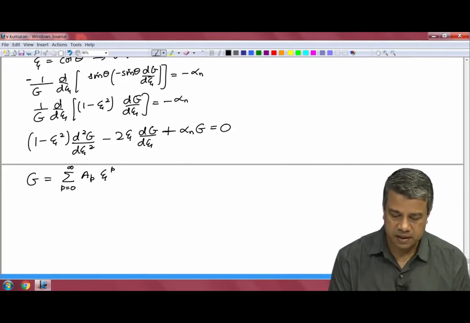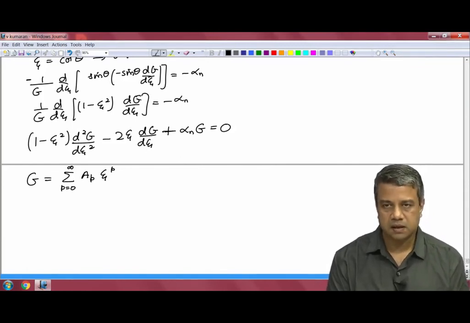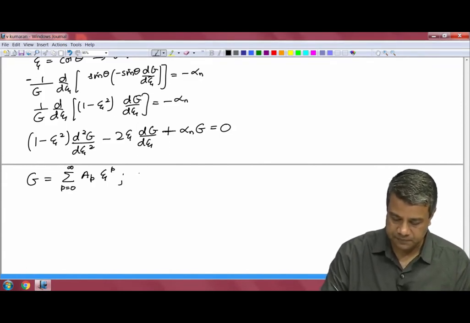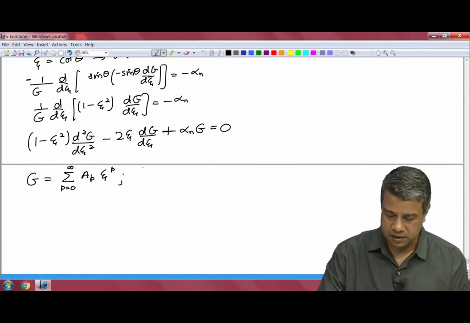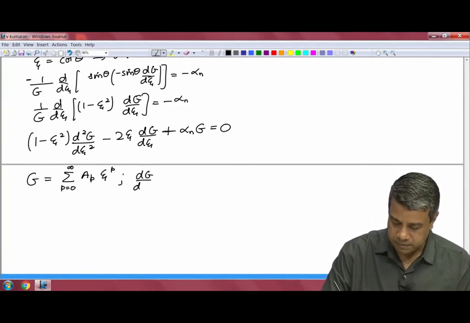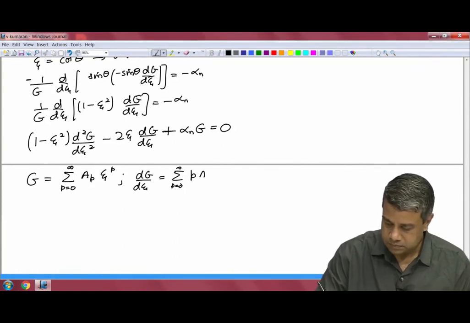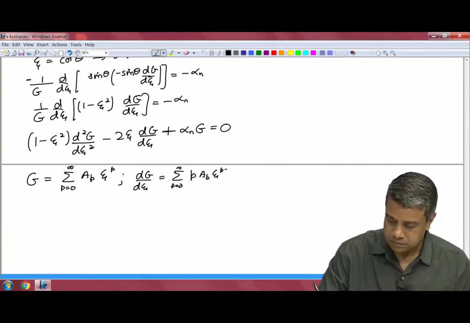These are substituted back into the equation and solved for a p. So, I will just go through how this is done. Therefore, dg by d psi is equal to sigma, just taking derivatives.